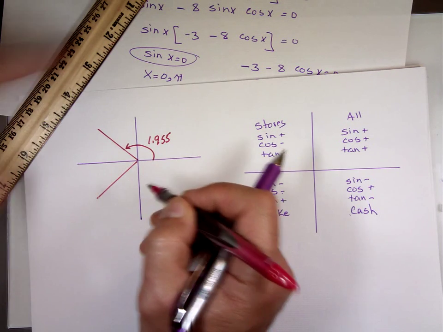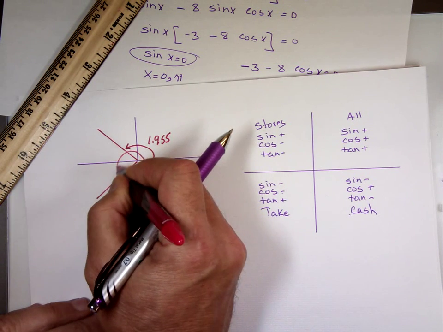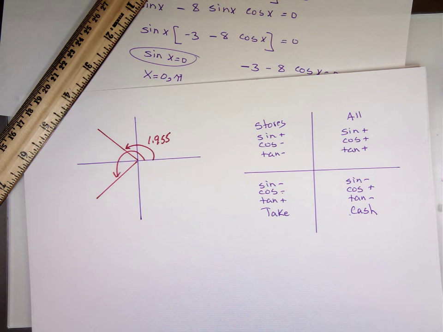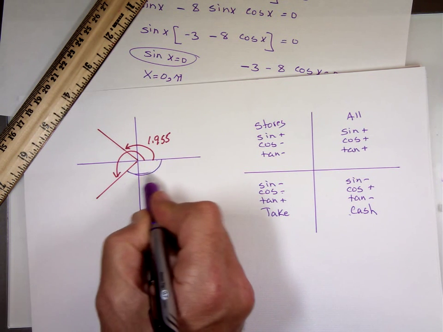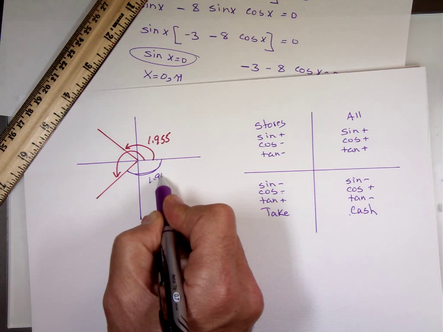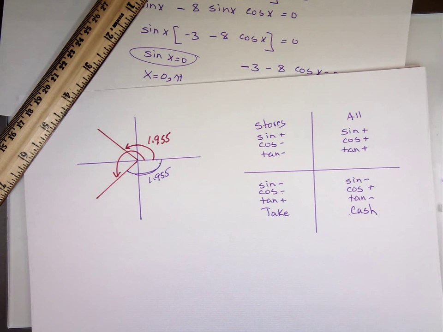And what is this value now? How big is that value? Well, if the value from here to there is 1.955, that means this value here is also 1.955, but that'll be a negative value.